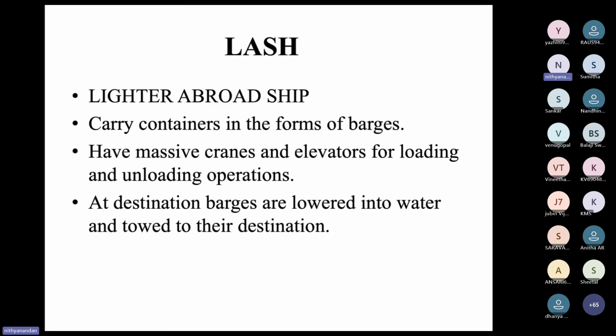So what they use is called small boats which carry goods. It may be in the tanker shape or regular barge shape. The small barges loaded with goods will sail towards the ship, and the ship will have loading facility cranes to take the entire small boats into the ship.